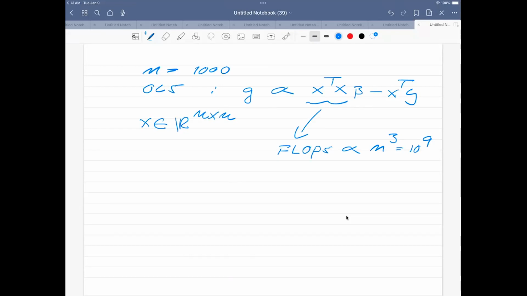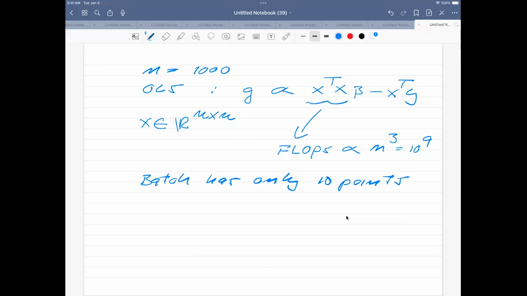If I now reduce this into smaller batches, so suppose now that a batch has only 10 points. 10 points here. And that means that I have split it into 100 batches because I have 1,000 points. And that means I have 100 batches and each one has 10 points.